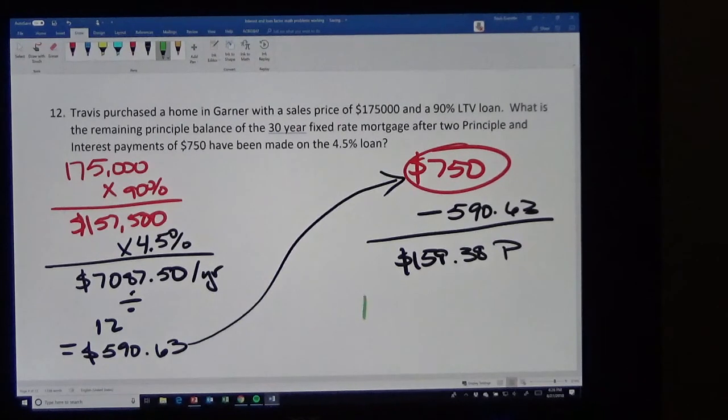And then if we wanted to go the final step, which we do, we could take the principal balance of $157,500. And then we're going to take away what we paid toward principal, $159.38.